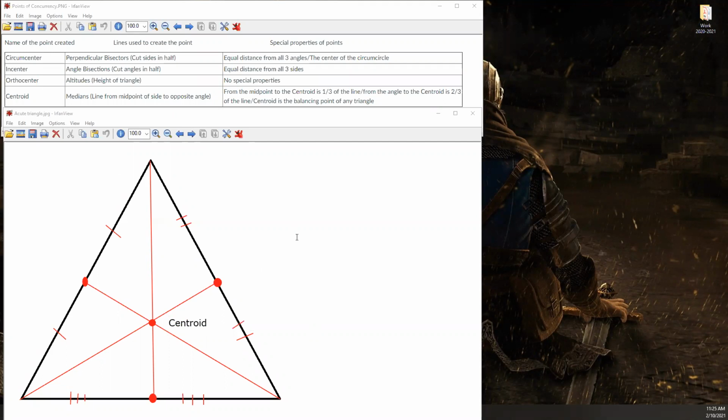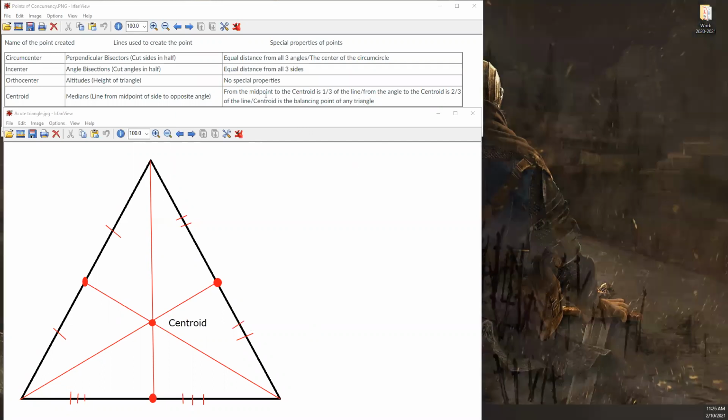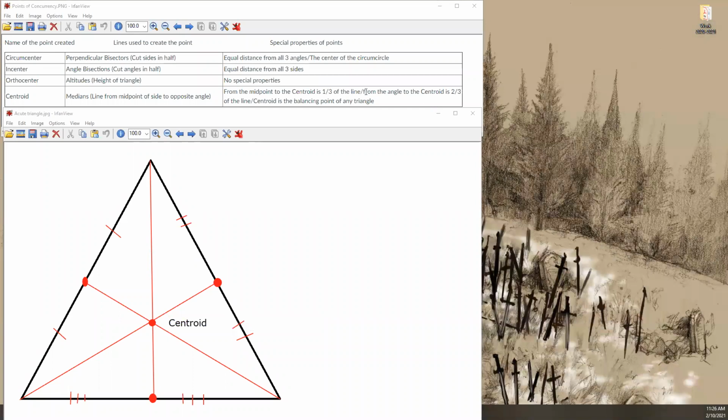Unlike the other ones, though, this one has a lot of special properties, and it's really confusing. From the midpoint to the centroid is 1/3 of the line. From the angle to the centroid is 2/3 of the line. Huh? Let me explain what that means. If I go to any side's midpoint, and then I follow that line to the centroid, that is going to be 1/3 of the entire median.